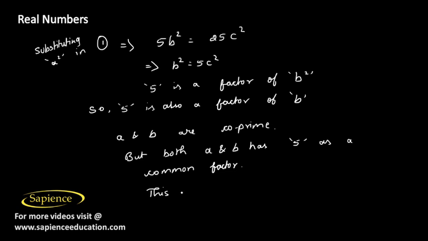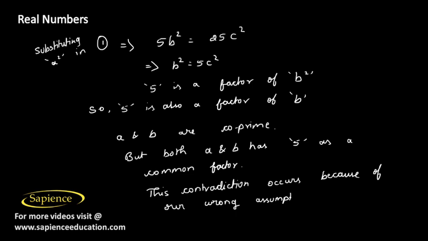This contradiction occurs because of a wrong assumption. Hence, root 5 is an irrational number.